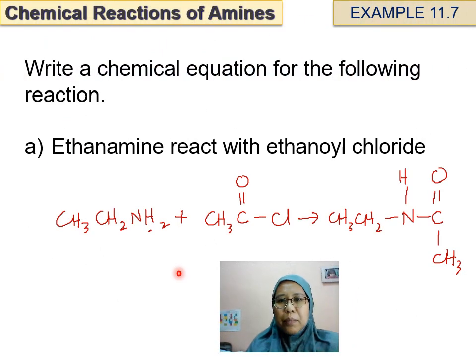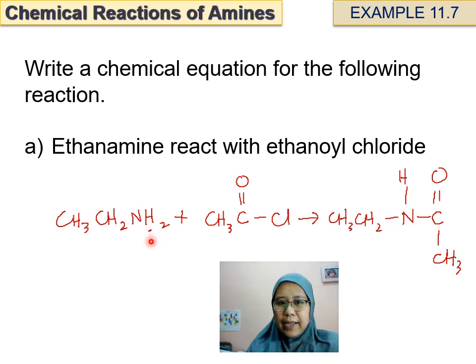For your example 11.7, you have to write an equation for the reaction between ethanamine and ethanoyl chloride. So firstly, you draw ethanamine. What classification is ethanamine? It is a primary amine.